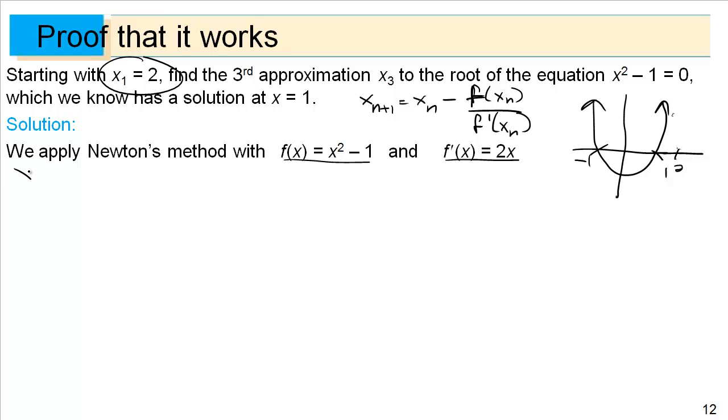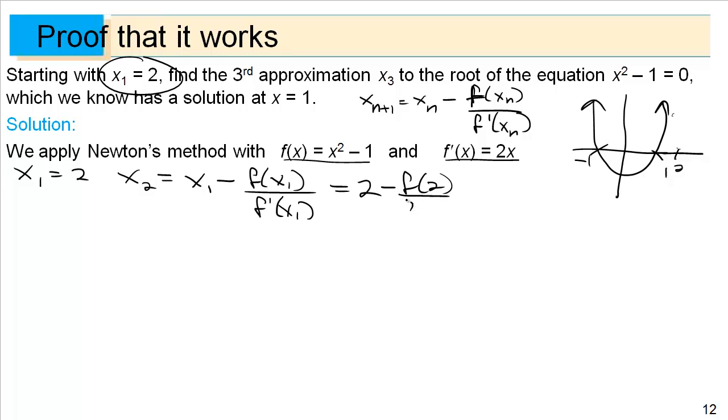Okay, so x1 is going to be our first guess of 2. x2 is going to be x1 minus the function evaluated at x1 all over the derivative evaluated at x1, which is 2 minus f of 2 over f prime of 2, which is 2 minus, well, f of 2 is 4 minus 1, which is 3, and then f prime, 2 times 2 is 4, so we have 2 minus 3/4, which is 5/4.